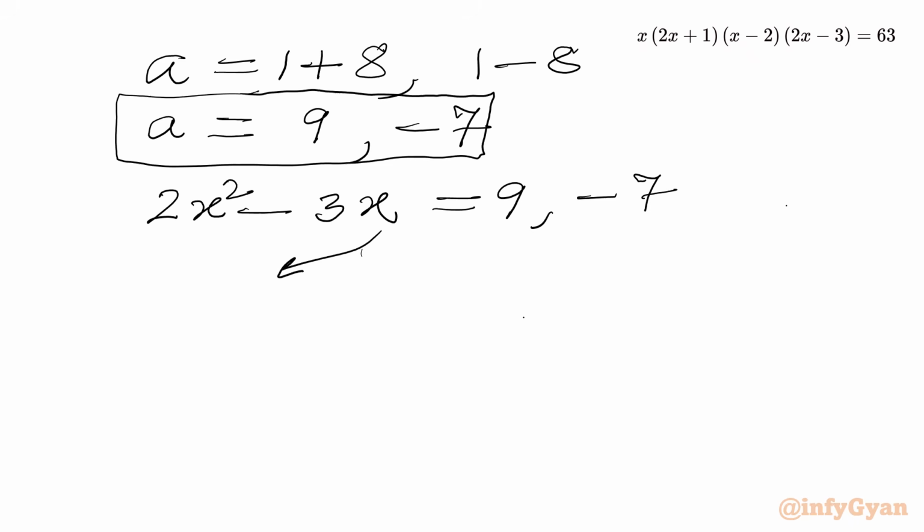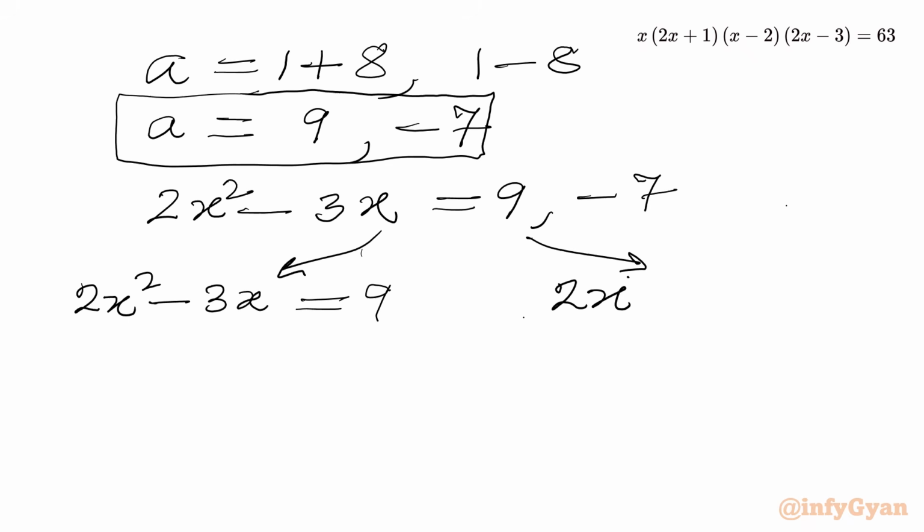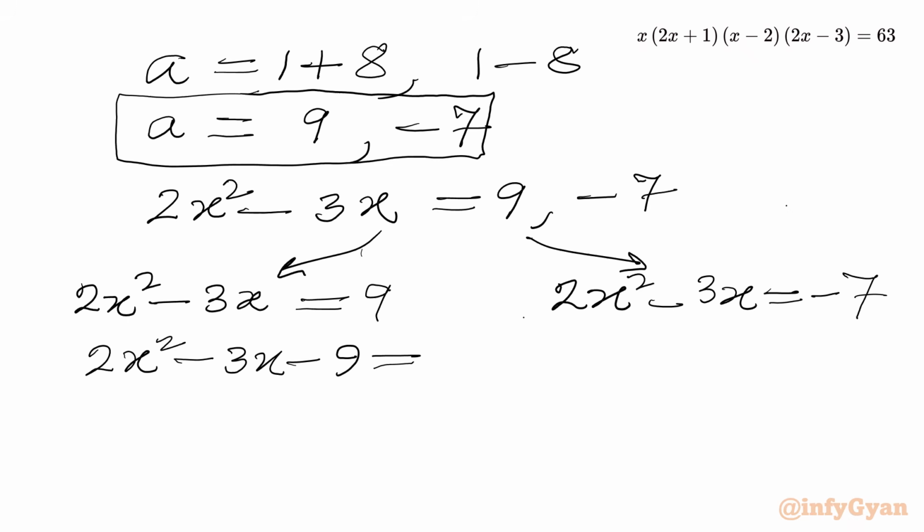So we'll write two quadratic equations from here. First one is 2x square minus 3x equal to 9. Second one is 2x square minus 3x equal to minus 7. We'll write all the terms on one side and get 2x square minus 3x minus 9 equal to 0.